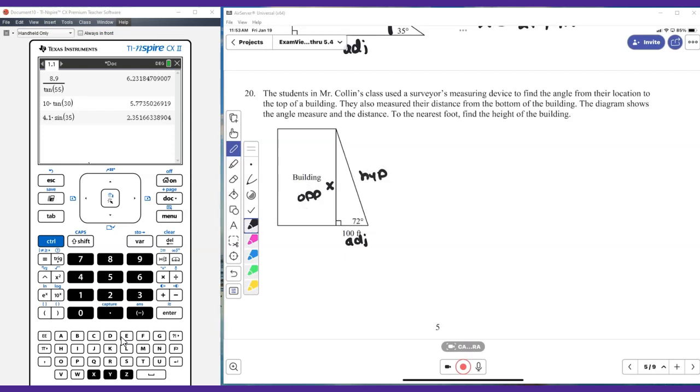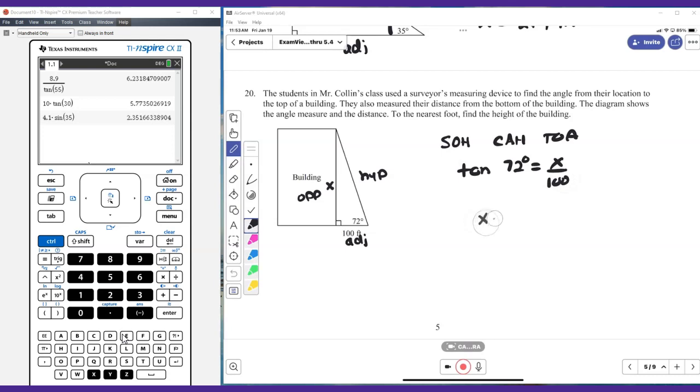To figure out the height, you got to look at your mnemonic statement, SOHCAH TOA. What you're going to have to use is opposite and adjacent, so it's going to be tangent. So you have tangent of 72 degrees is equal to x over 100 feet.